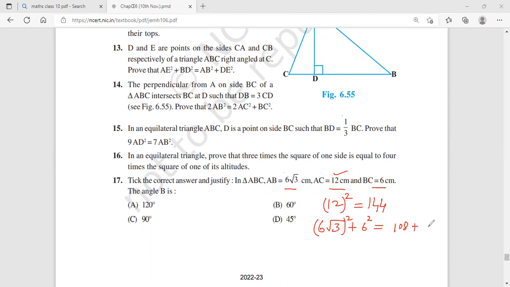And 6 square is 36, so 108 plus 36 gives us 144. So both, if you square it, you're getting the same answer. Therefore, it's a right angle triangle. Therefore, the angle is 90 degrees.